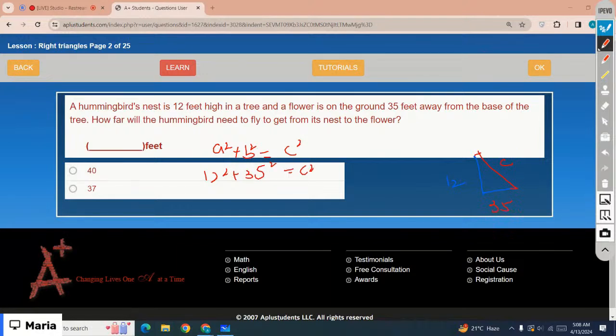So 12 square is 144. 35 square is, let me just add them, right?